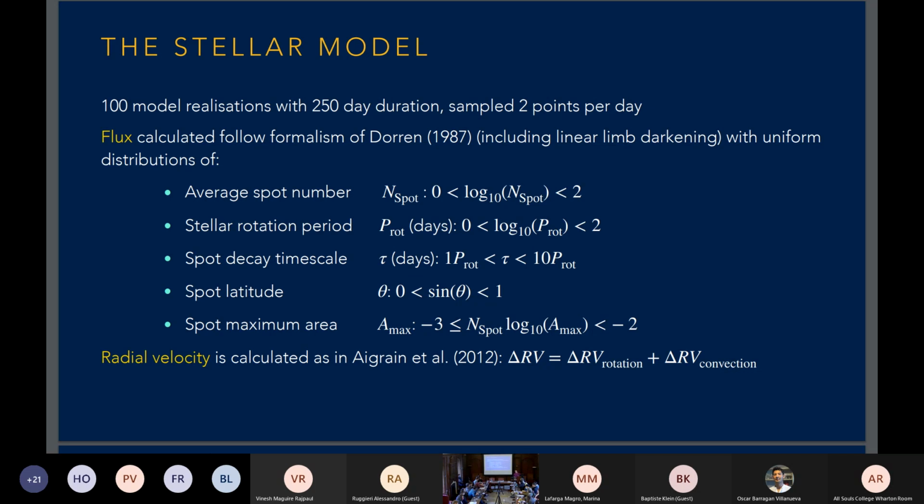We have a fairly basic stellar model with linear limb darkening. We've got 100 of these models with 250-day durations, sampled at 2 points per day, so 500 points in total in each light curve. And we get both flux and radial velocity, so we simulate radial velocities as well from the same spot configuration.